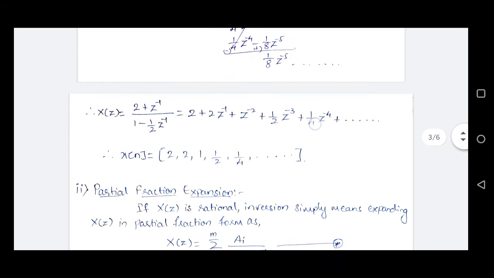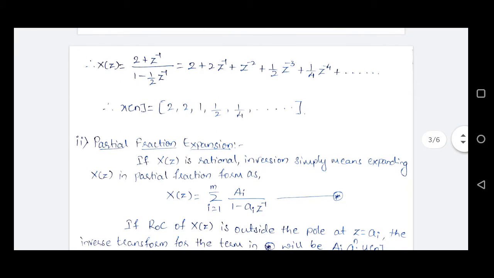If this is the way of expressing the z transform from the ratio of two polynomials, then constants associated with each of the z term will be representing the discrete time sequence. So discrete time sequence x of n will be equal to 2, 2, 1, half, 1 by 4, and so on. This is an infinite series.